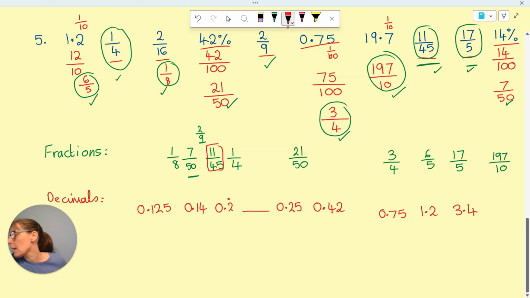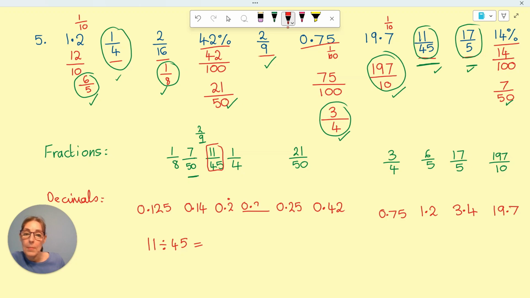So this is tricky, as I said, so don't worry. And then I know that it's 19.7. So 11/45. Let's think. If you do 11 divided by 45 on your calculator, what do you get? 0.24444.